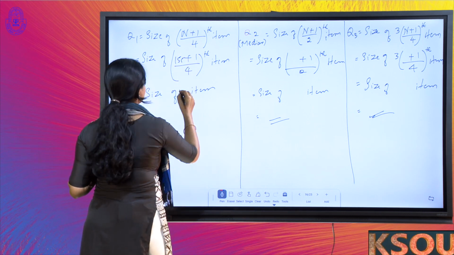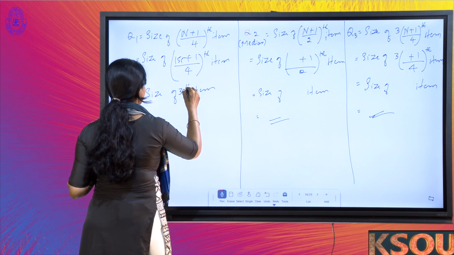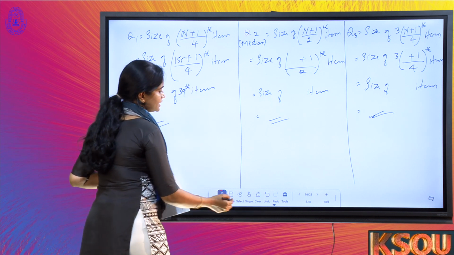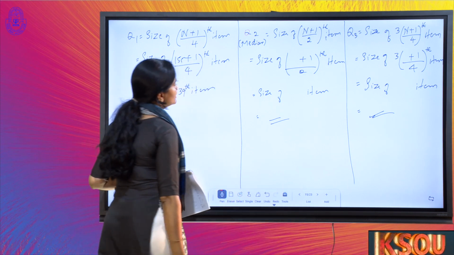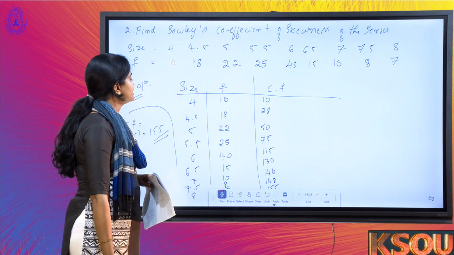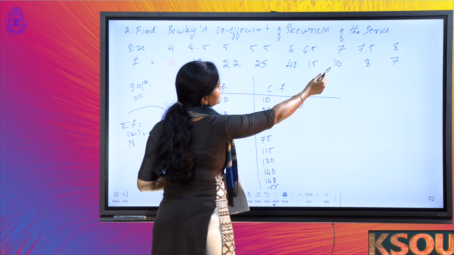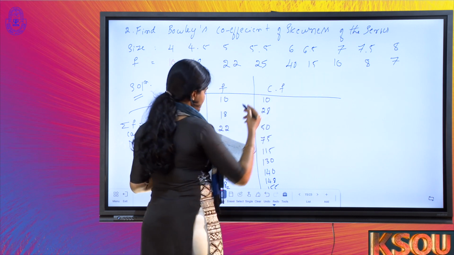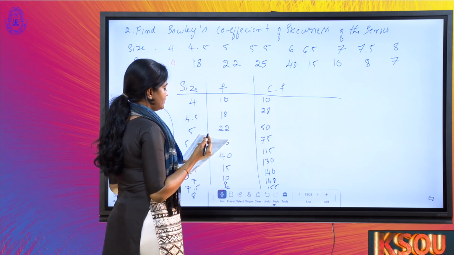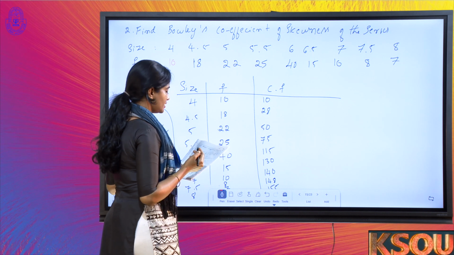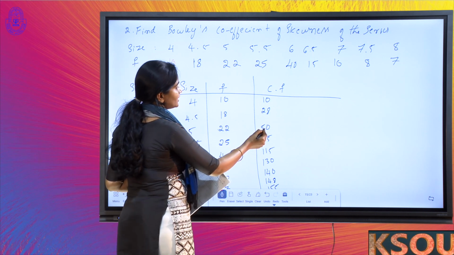You will have to get 39th item. So, when you say 39th item, here you can see we can't take the 39th item because we do not have 39th item in this data. So, just greater than 39 is which value? Here we will have to see.